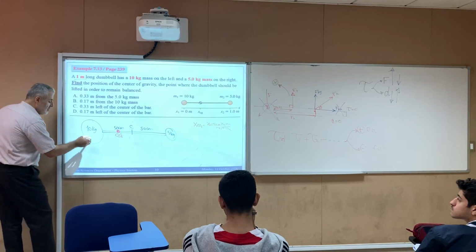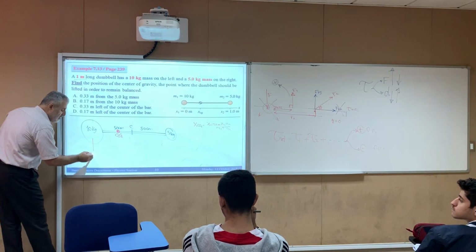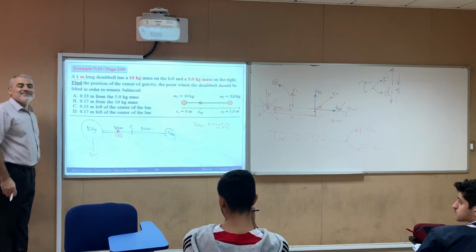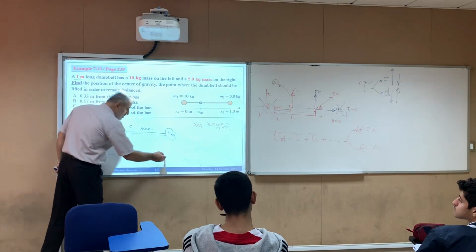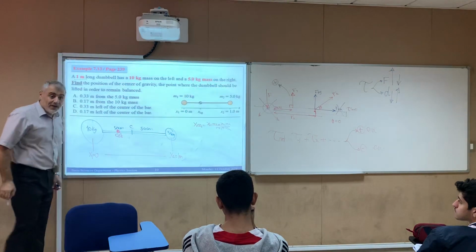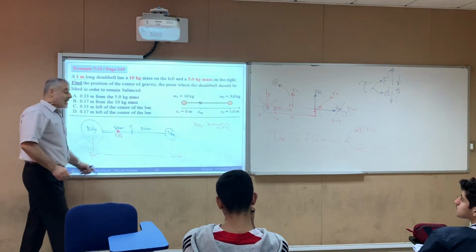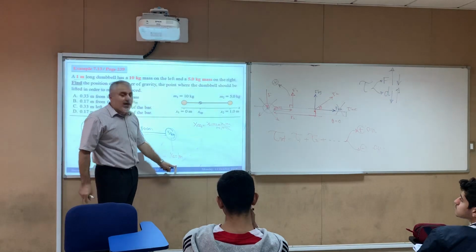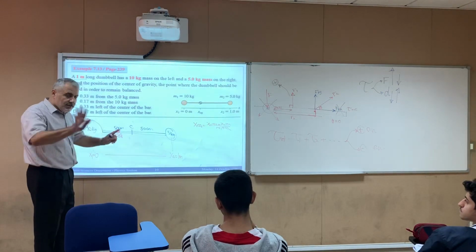Now, I will consider this is the 0 mark, so this is x1, 0, and this will be x2, which is 1 meter. You can say, can I put this as 0? Yes, you can, and this will be one.